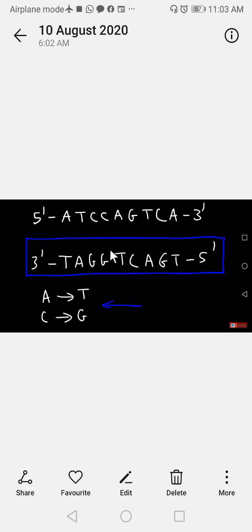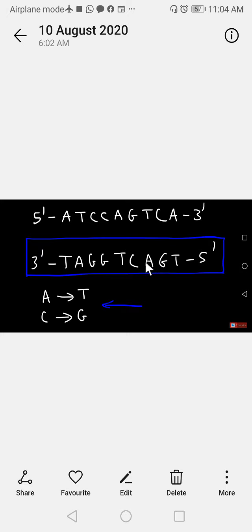Here adenine, its complementary base is thymine. Here guanine, its complementary base is cytosine. Here thymine, its complementary base is adenine. Here cytosine, its complementary base in the second strand will be guanine. Here adenine is the base in one strand, thymine will be its complementary base.